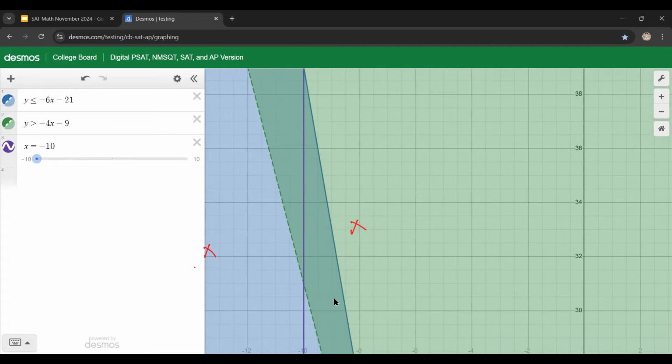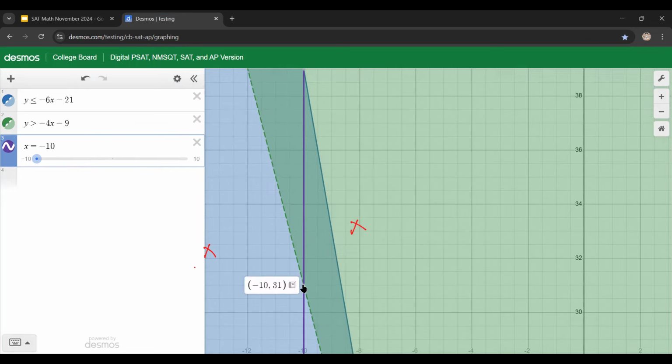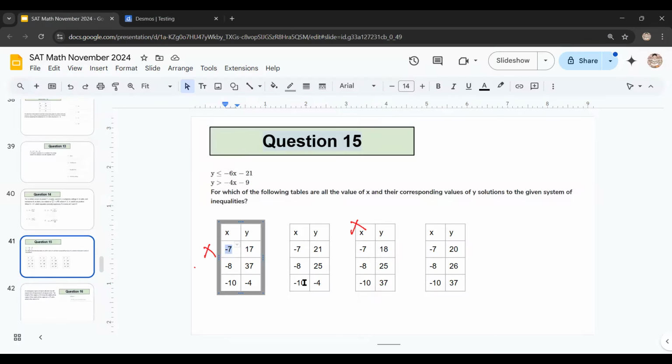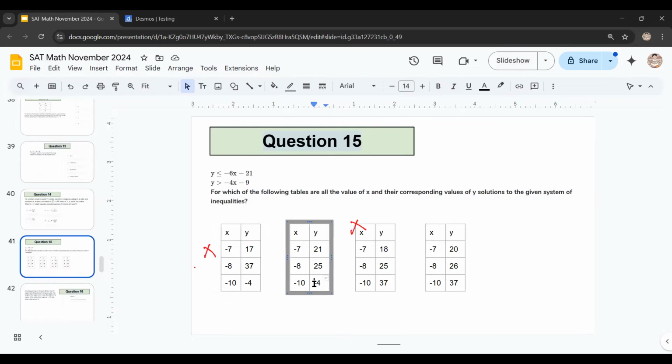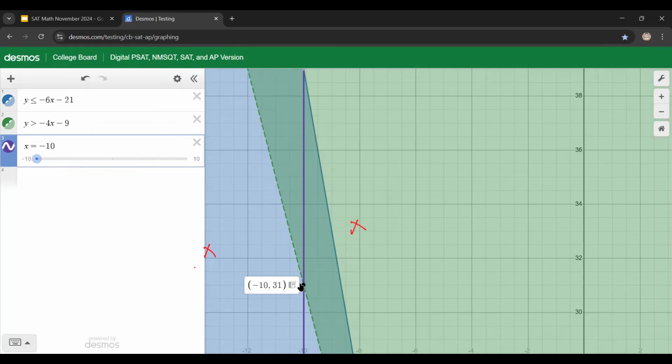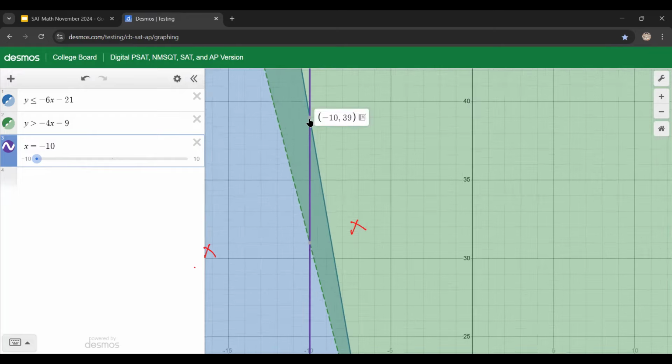Negative 10. 31 is not possible, so anything less than 31 is also not possible. Negative 4 is not possible. Only possible values are 31, then 32, then 33, 34, 35, 36, up to 39.